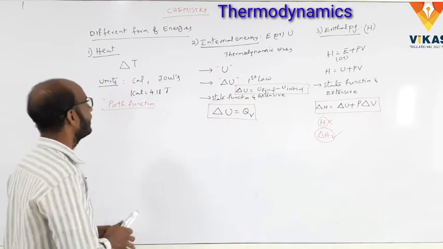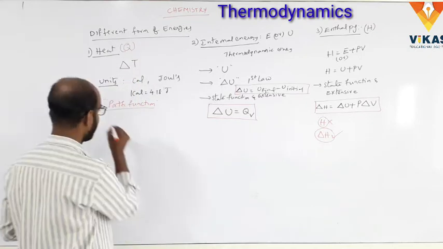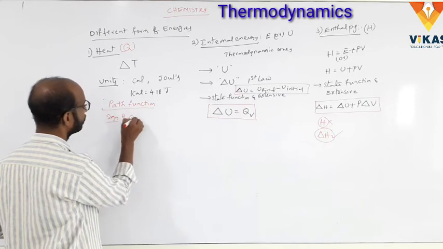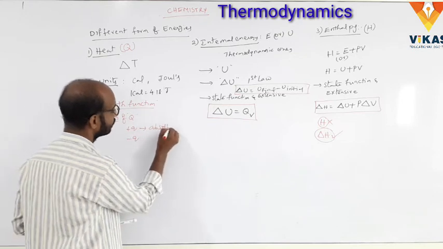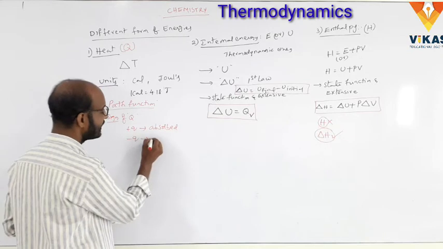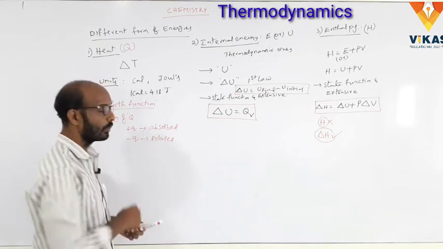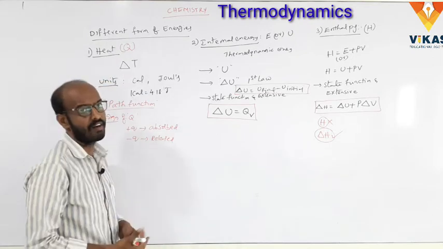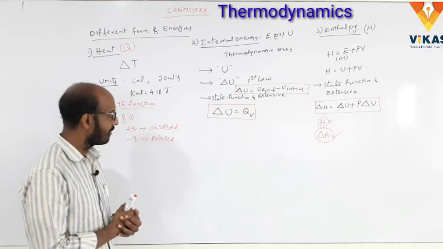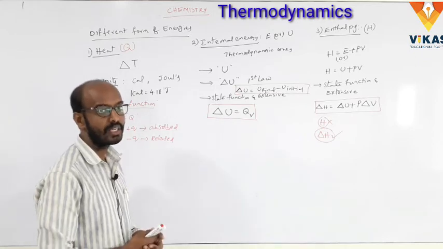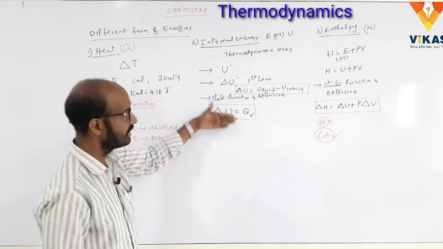Here heat is represented by small q or capital Q. When heat is absorbed by the system from the surroundings, that is the positive sign, a positive Q. When heat is released to the surroundings, that is the negative sign. These are the sign conventions of heat.